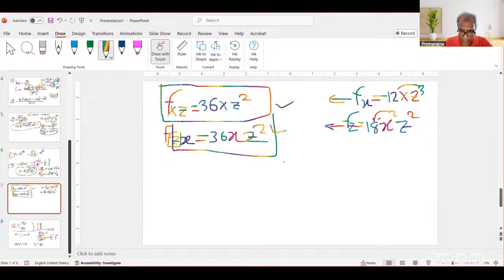Which means for the cross differentiation of x and z, no matter the order, you get the same answer. That rule is what we call Young's rule. Young was a Chinese mathematician who became an economist, and this rule is Young's rule. So that is the cross differentiation.